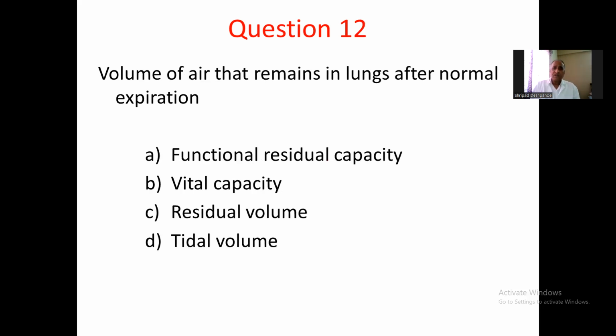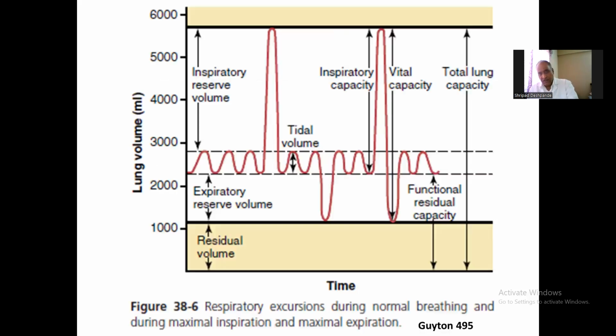Question number 12. The volume of air that remains in the lungs after normal expiration. A, functional residual capacity, B, vital capacity, C, residual volume, D, tidal volume. You see here the volumes and capacities.